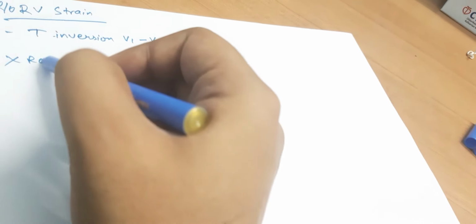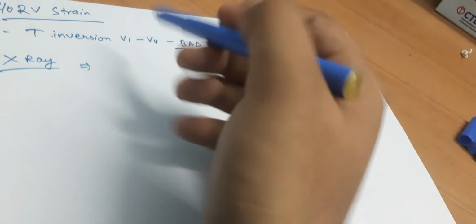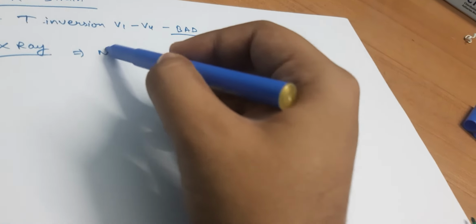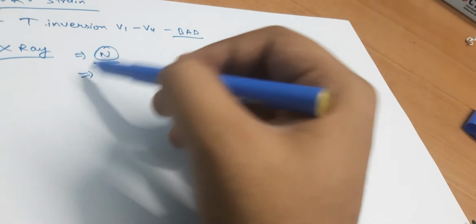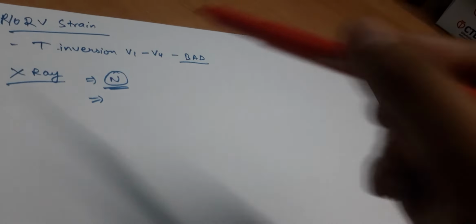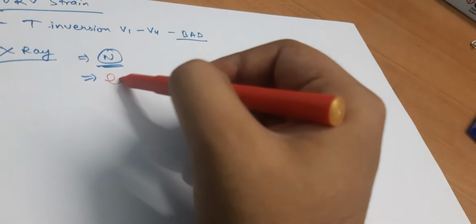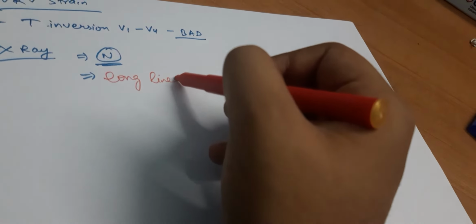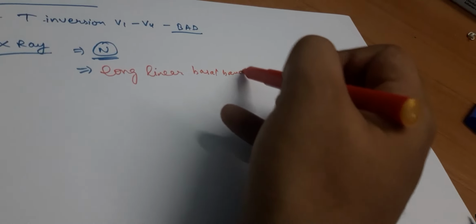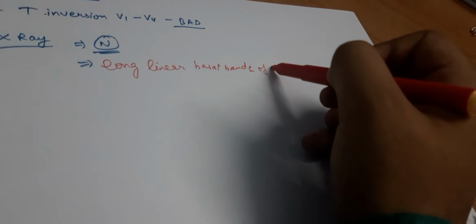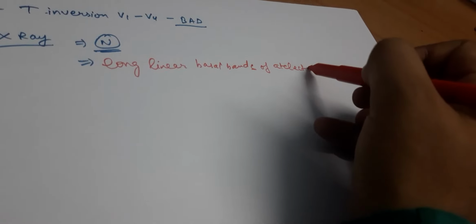Let's move to another diagnosis, that is X-rays. In most cases, the X-ray will be normal, but on X-ray, typically these patients will show long linear basal bands of atelectasis.